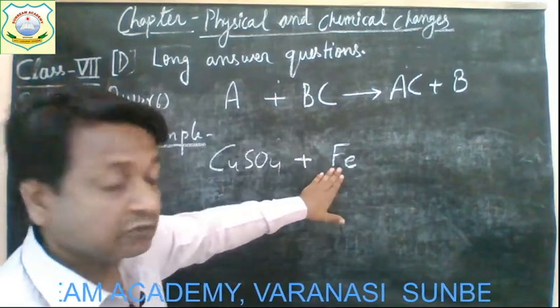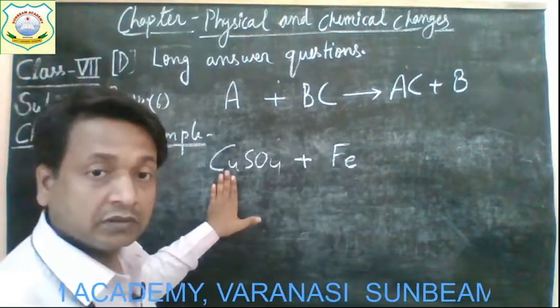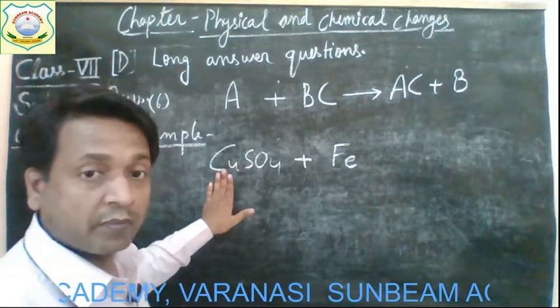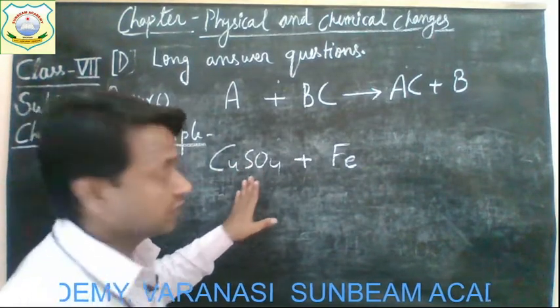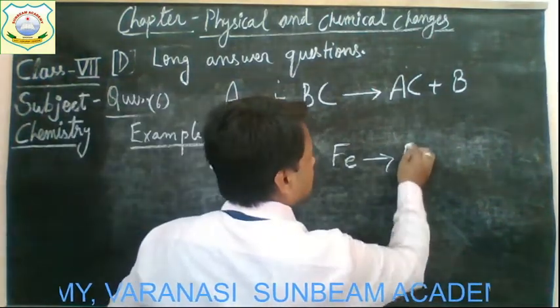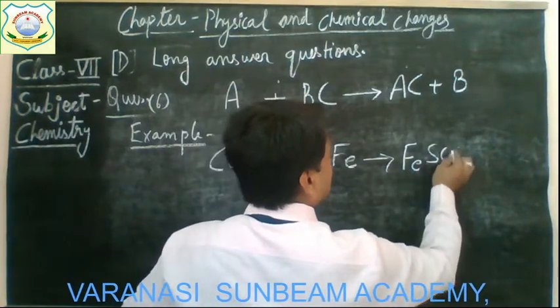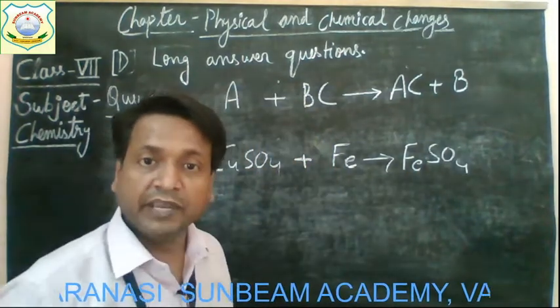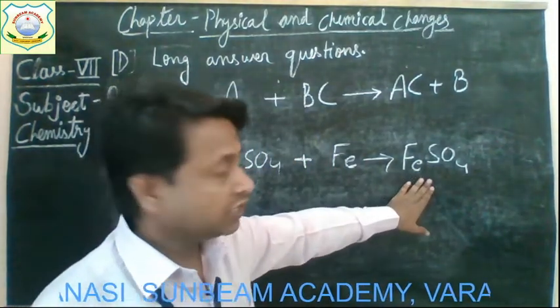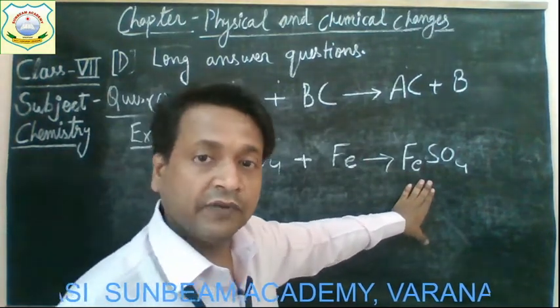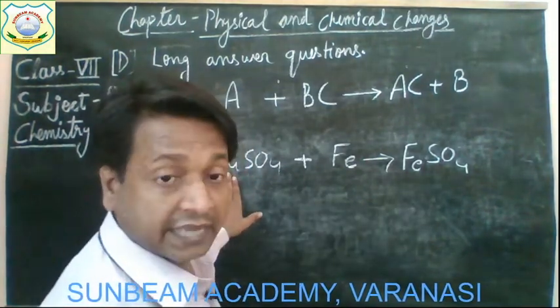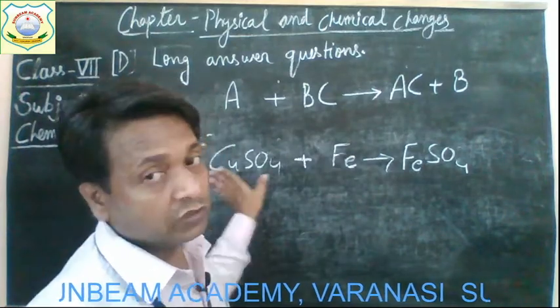As iron is more reactive than copper, it will displace the copper from the solution and forms iron sulfate. Which compound is this? Iron sulfate. And the copper, as it is less reactive than iron, will get replaced.